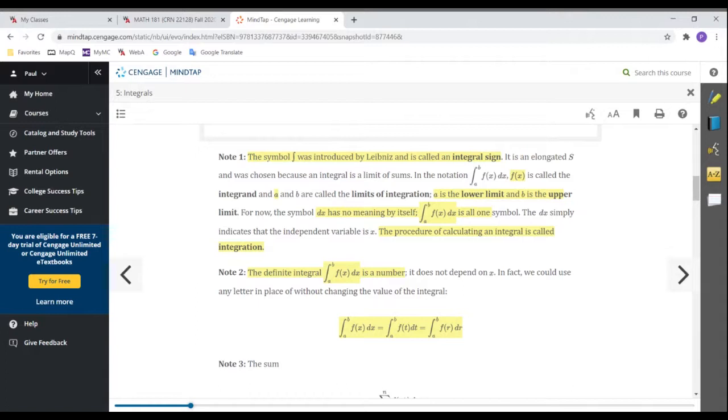The integral from a to b of f of x dx is the same as the integral from a to b of f of t dt, and that is the same value as the integral from a to b of f of r dr. It doesn't depend on the variable. So that's just something to make you aware of.